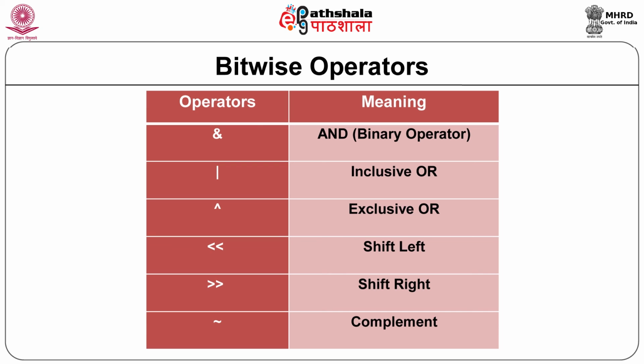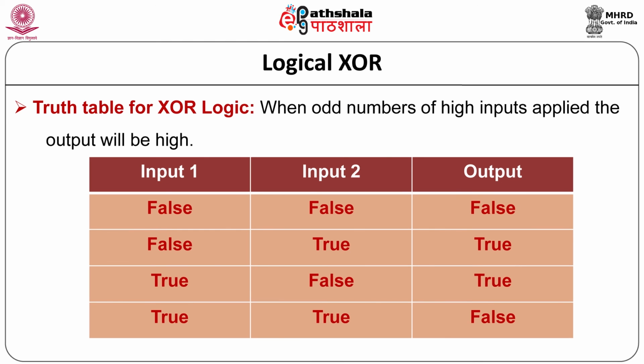So many times you have 2 expressions and the results of these expressions are binary, either 1 or 0. In that case you need to use bitwise operators. Let us see logical XOR. When an odd number of high inputs is applied, the output will be 1. You know the truth table of the logical XOR gate.